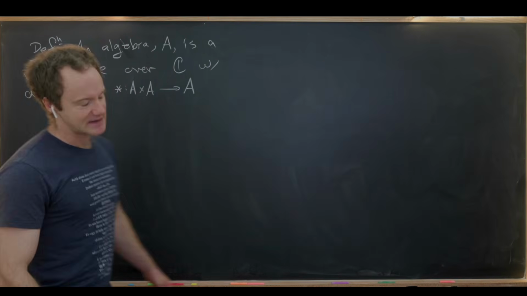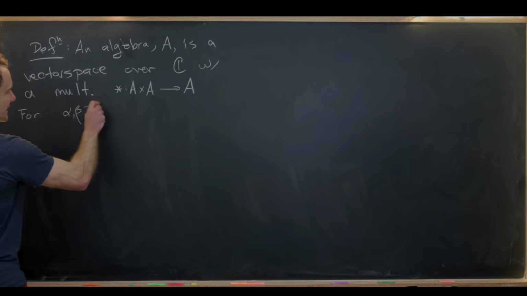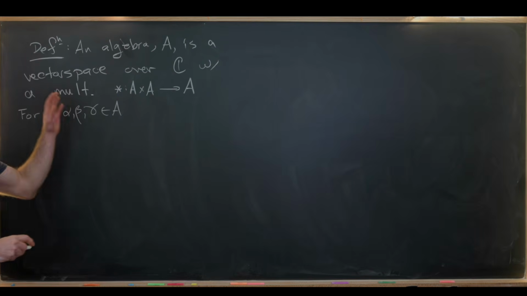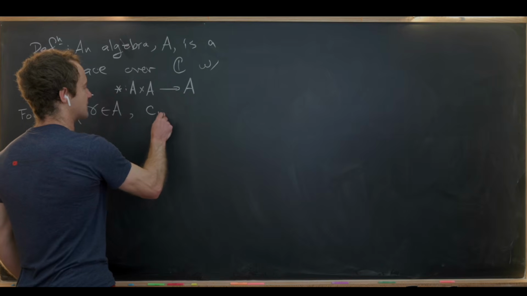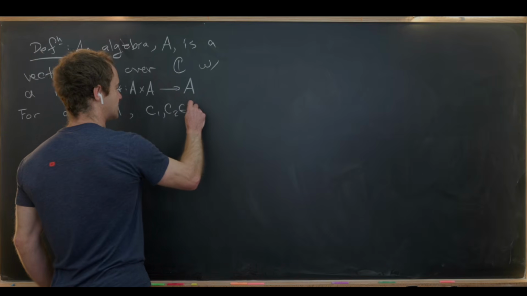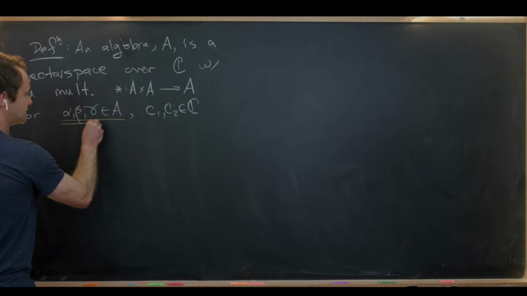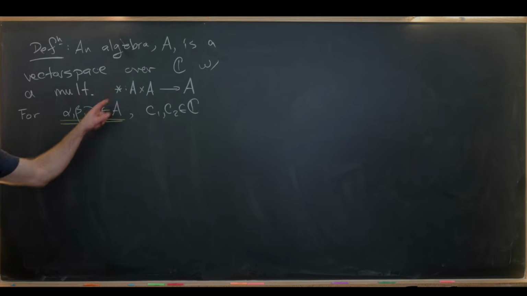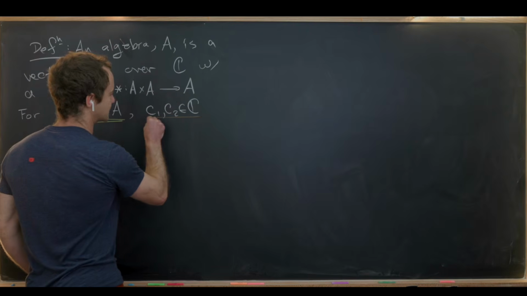So we can write that down semi-carefully by saying maybe we'll use alpha, beta, and gamma to come from the vector space, in other words, the algebra A, and then let's say we have some complex numbers, C1 and C2. So those are complex numbers. So here we have our vectors. We're going to talk about multiplying these vectors with this star operation, and then we have our scalars here.